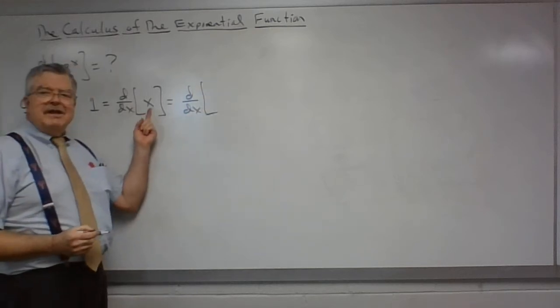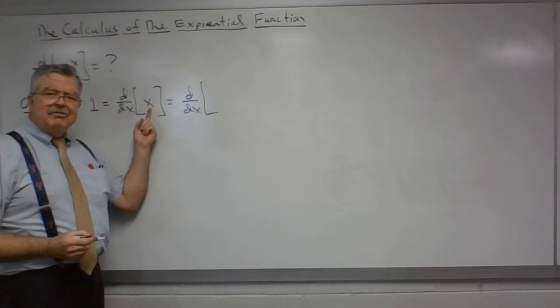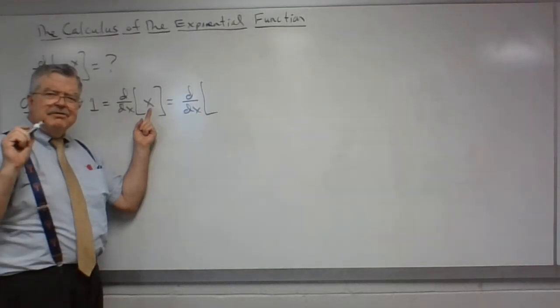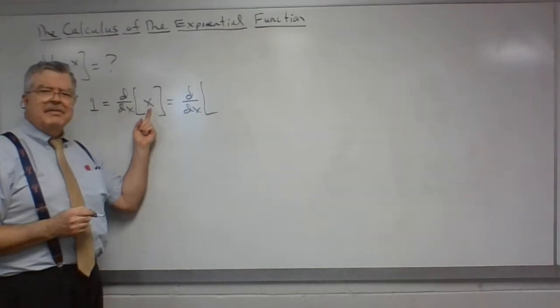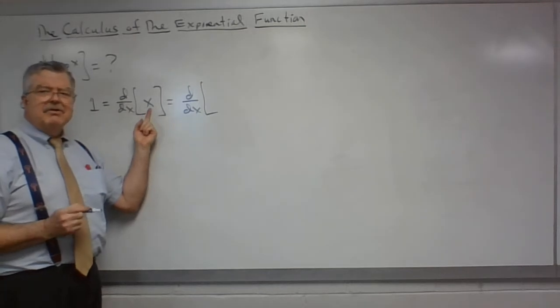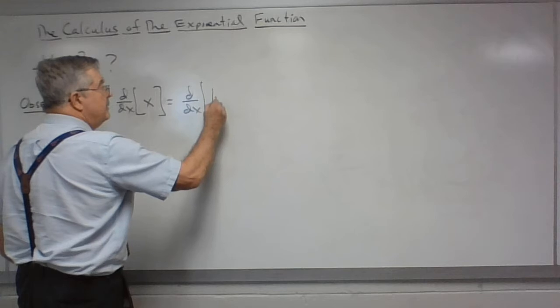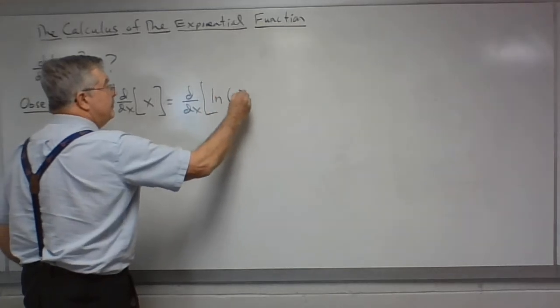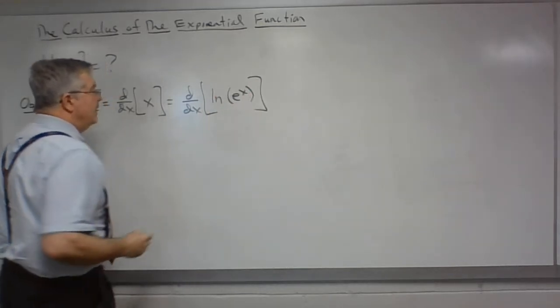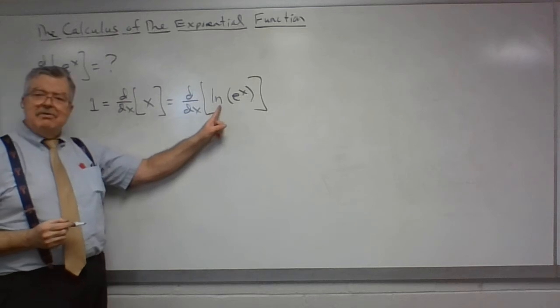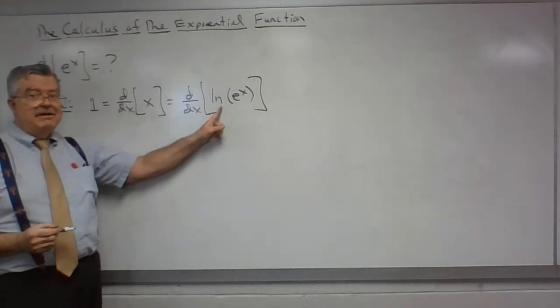But since e to the x and natural log of x are inverse functions, notice how I can rewrite x. I can rewrite x as the natural logarithm of e to the x.